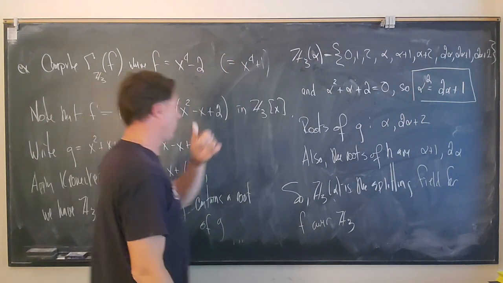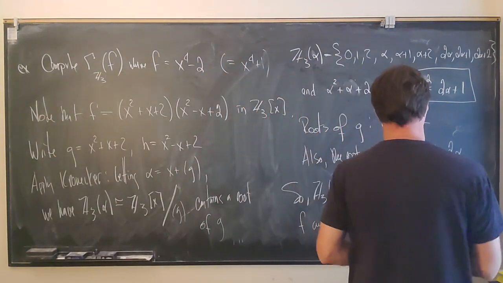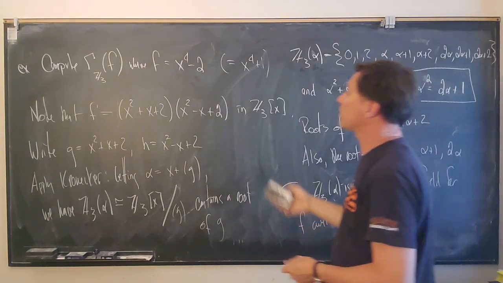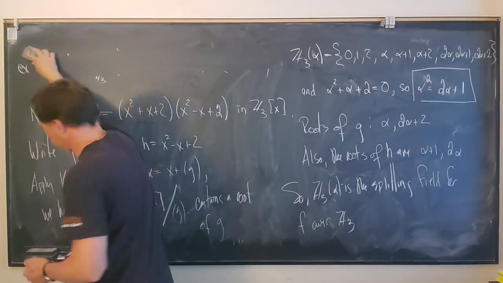Notice that our polynomial has distinct roots, right? 4 distinct roots, which means that we have separability.